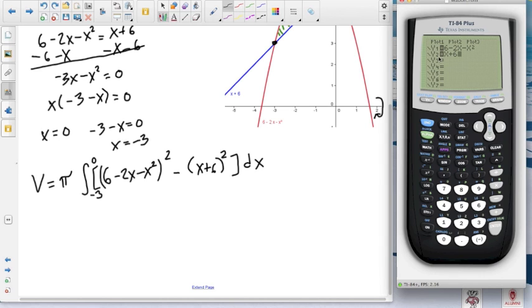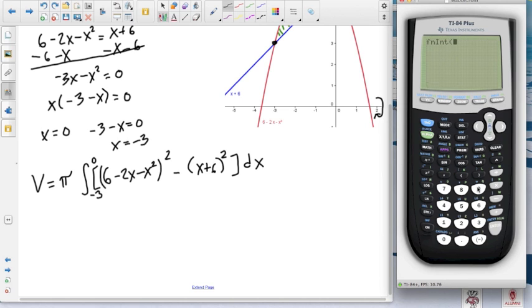And since those are stored in y1 and y2, I can go grab those from our y vars function. You can see you can grab those. So when I do the fint, I'm actually going to just grab those and square them. So I'm going to go ahead and do our math 9. That's our fint function. Go ahead and get back to the main screen.